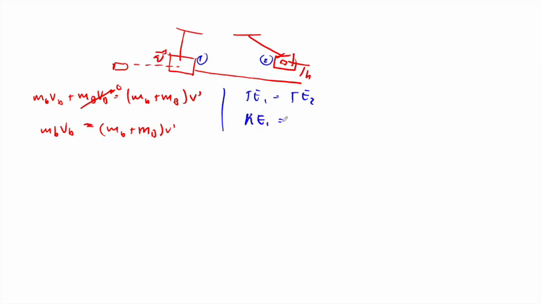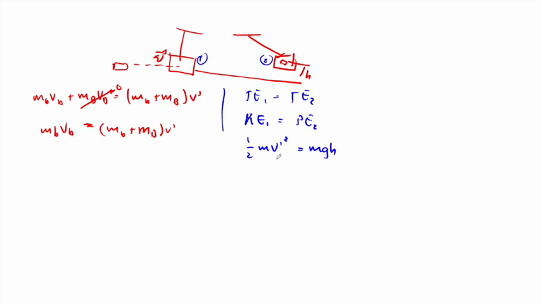And then right after it moves and they reach a certain height, that's going to have potential energy. So all the kinetic energy of both the block and the bullet is going to be transformed into potential energy, which means that 1/2 m v prime squared, because this is the velocity after they collide, is going to be equal to mgh.